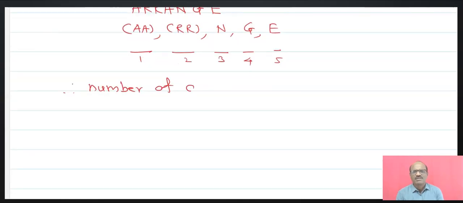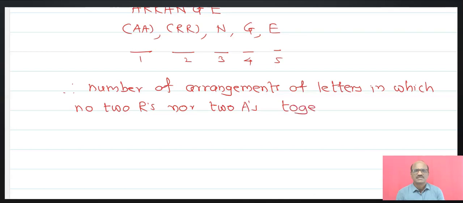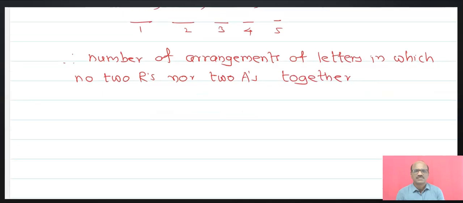That is the number of arrangements of letters in which no 2 R's nor 2 A's are together.